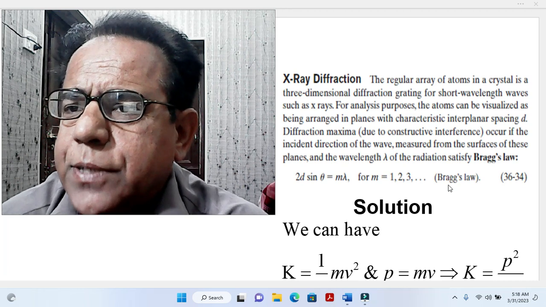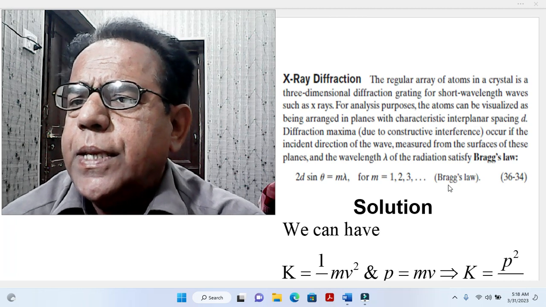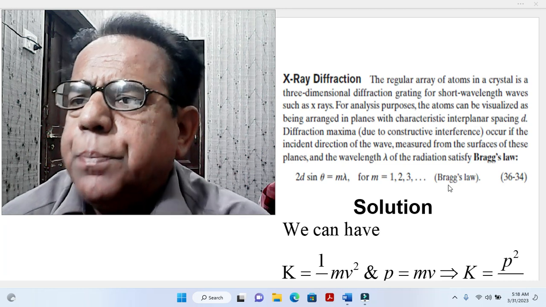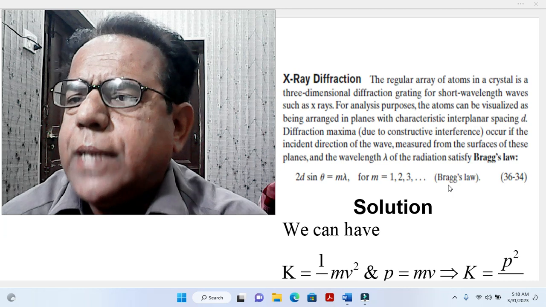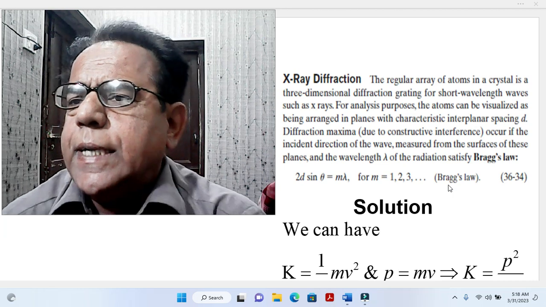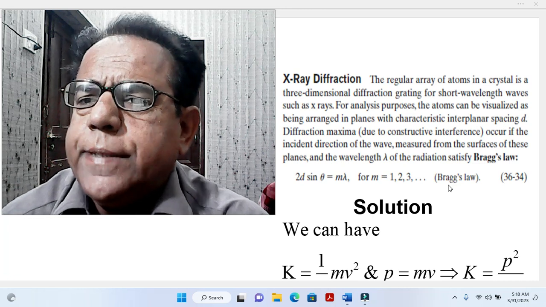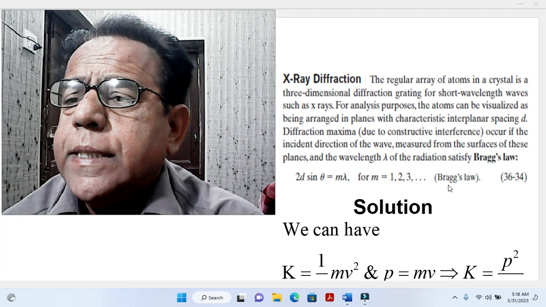Diffraction maxima due to constructive interference occur if the incident direction of the wave measured from the surfaces of these planes and the wavelength lambda of radiation satisfy Bragg's law, that is 2d sine theta is equal to m lambda for m equal to 1, 2, 3 and so on. This is Bragg's law.